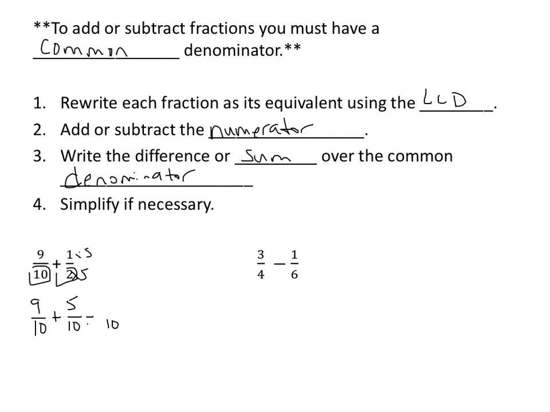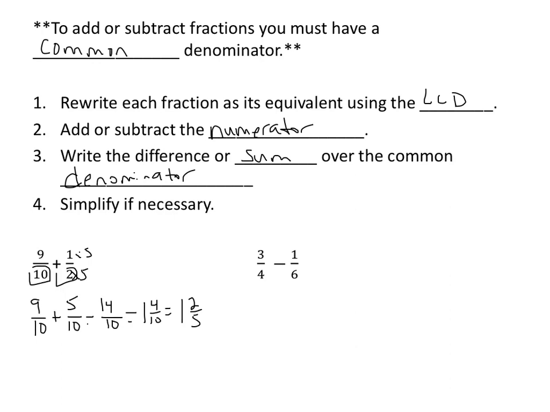Now the denominator stays the same. 9 plus 5 is 14, so it would be 14/10, or 1 and 4/10, because 10 goes into 14 once, so 4 left over, which is also 1 and 2/5 because 2 goes into 4 and into 10.